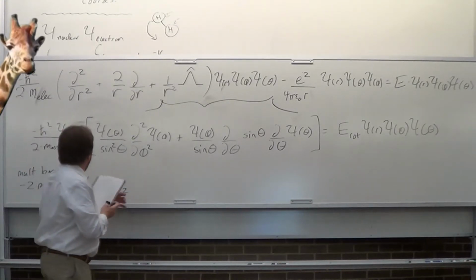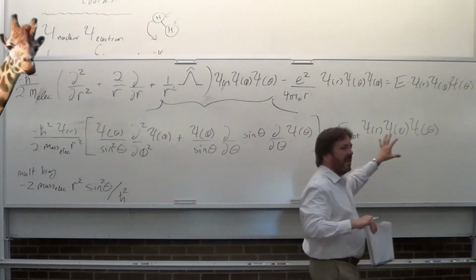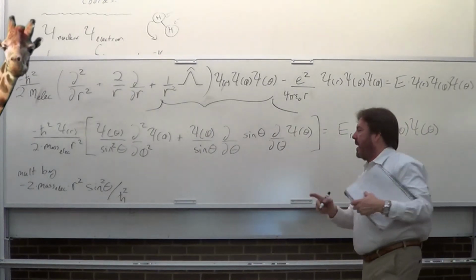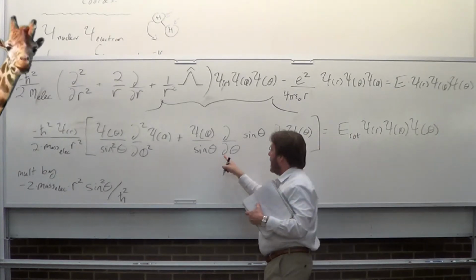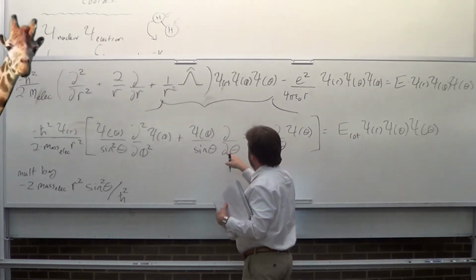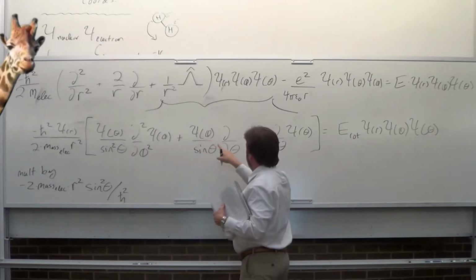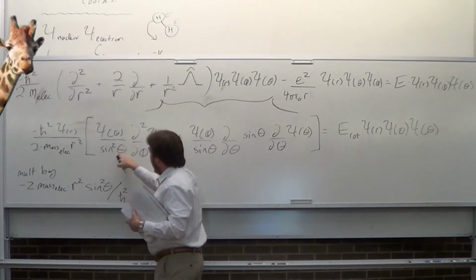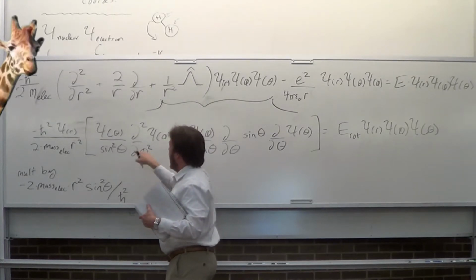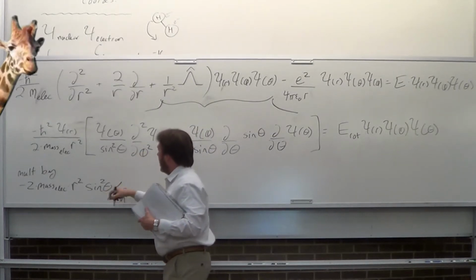That's what I'm going to do to this thing. Again, I'm trying to separate it. Now, as I just mentioned, one of you asked about the sine and the phi right here. Theta, phi. Okay, that takes care of it.